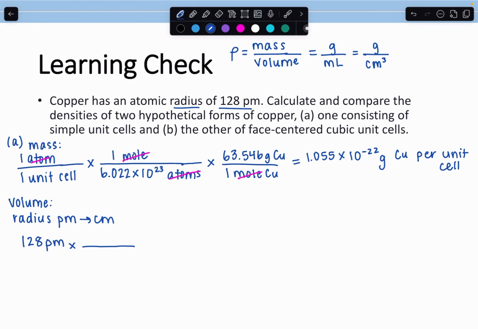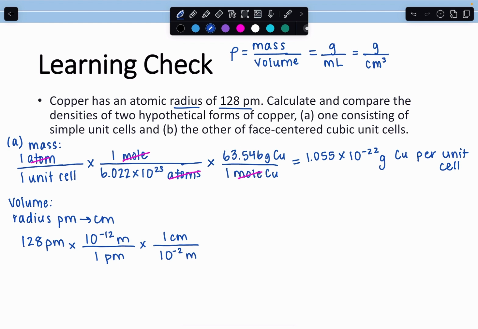I'm going to convert using what we ask students to memorize in Gen Chem 1. A picometer is 10 to the negative 12 meters, so that will convert picometers to meters. And then a centimeter, which is what we're looking for, is 10 to the negative 2 meters. Those are the conversions we learn in Gen Chem 1.